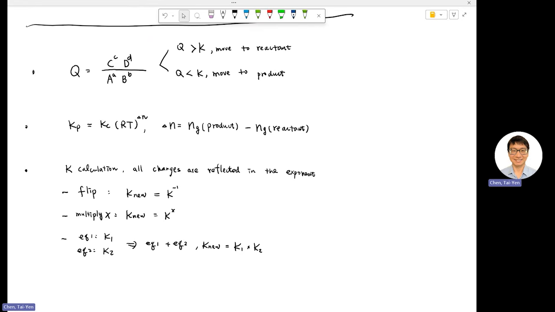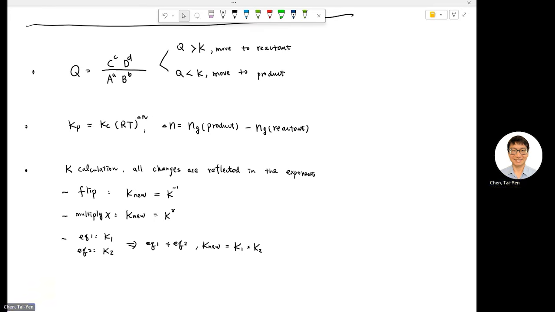If your Q is larger than your K, that means at the current status you have too much product, so the reaction moves to the reactant side, so that Q eventually will equal K. On the other hand, if your Q is smaller than your K, it means your current status doesn't have enough product compared to equilibrium. Therefore, the reaction moves to the product side. Those are the first type of questions you need to know.